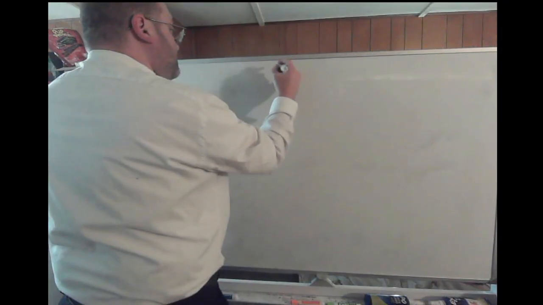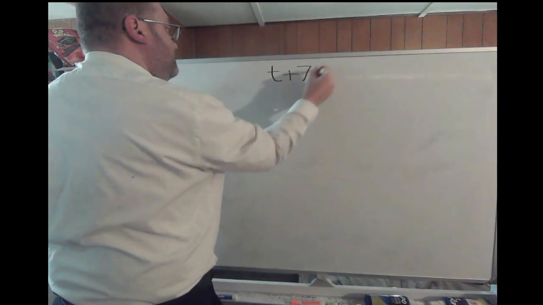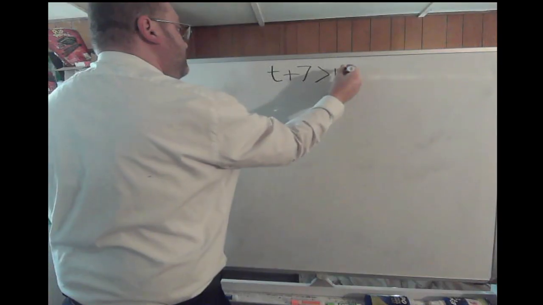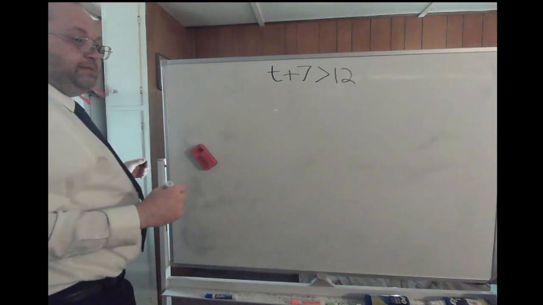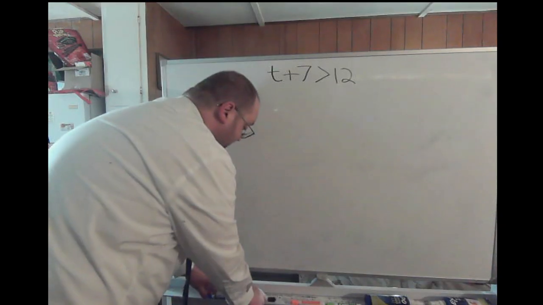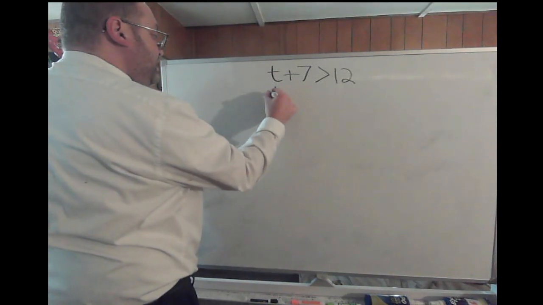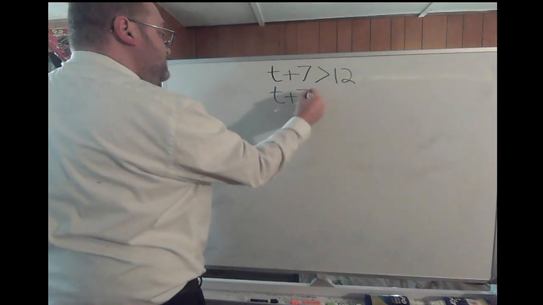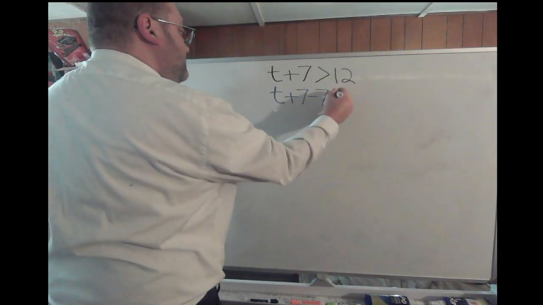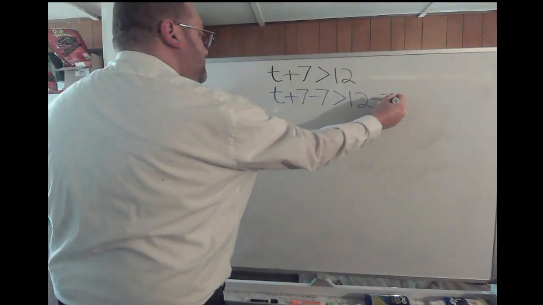Alright. We got t plus 7 is greater than 12. Well, we still want to get that t by itself. We have a plus 7, we got to do a minus 7. So we'll have t plus 7 minus 7 is greater than that 12 minus 7.